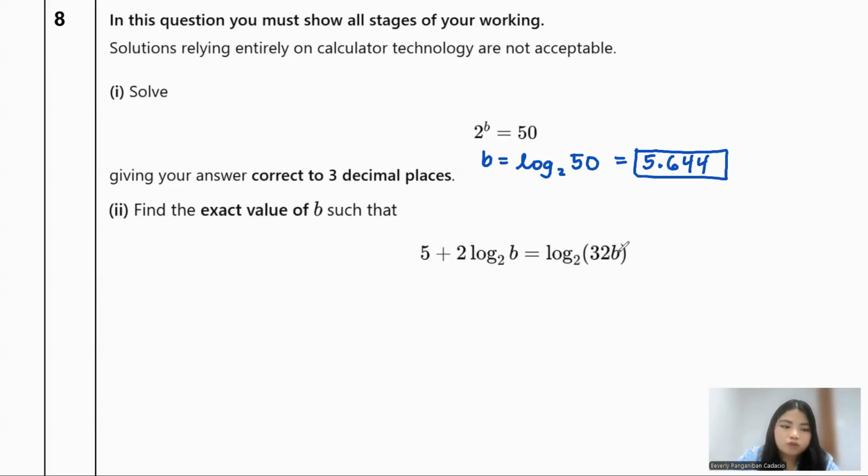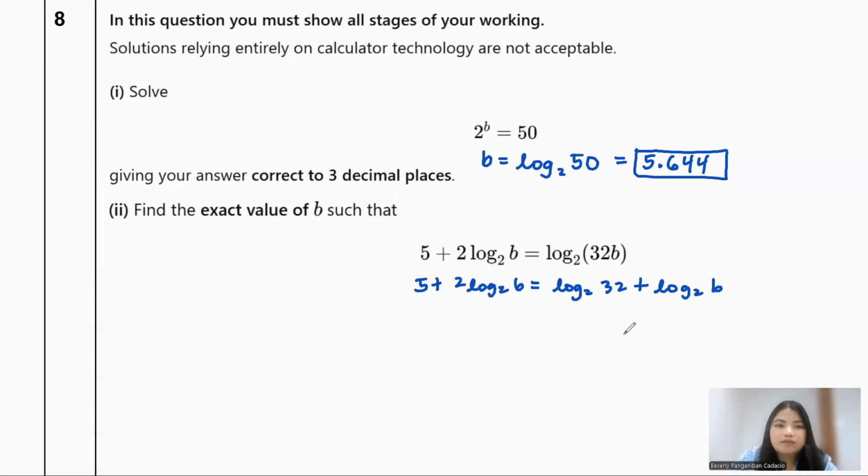Because I have log 2 of 32b there, we can just separate this one because the 32 and b are multiplying to each other. It looks like single, but they are actually two things multiplying to each other. And you know that if we have two things multiplying in logs, we can expand it and make it addition in the middle. Log 2 of 32 plus log 2 of b.